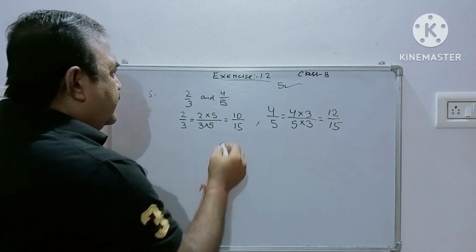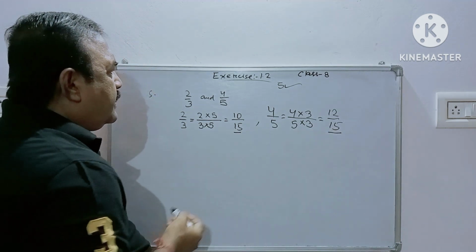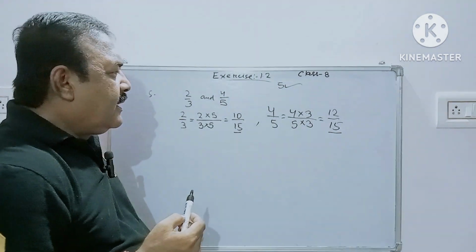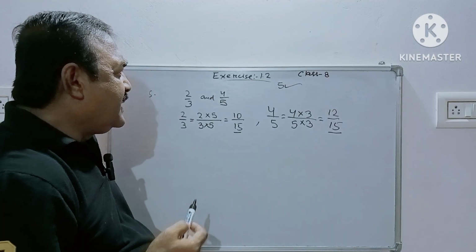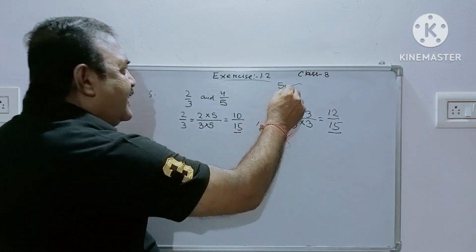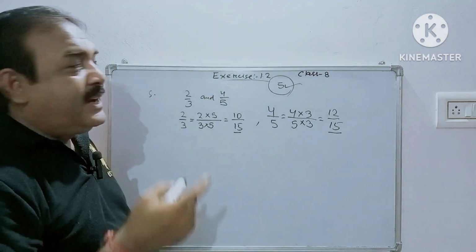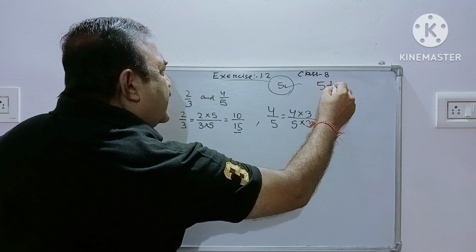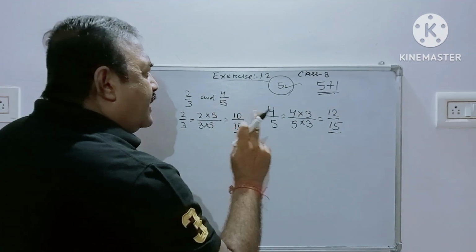And you see the denominator here is the same, and between 10 and 12, after 10 we have 11, then 12, only one possibility. But we need 5 rational numbers. So 5 plus 1, already I have told you, at least you add 1. You may add more, but at least you will have to add 1.